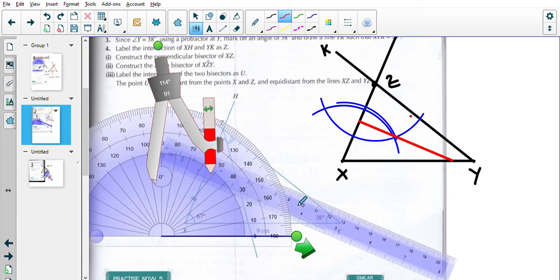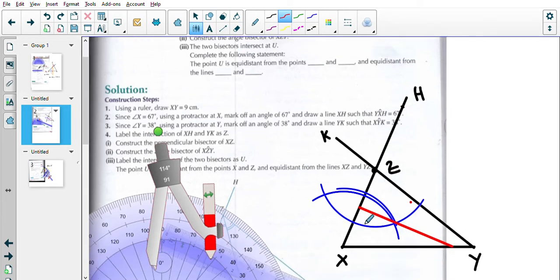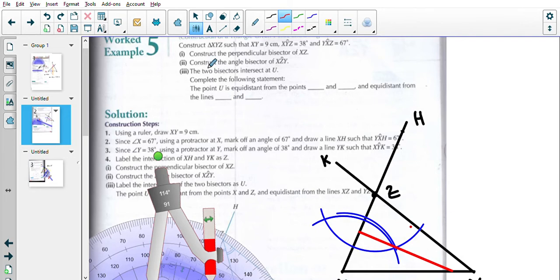Okay, now what is the next question? Construct the perpendicular bisector of XZ, of course we have done. And then part 2, construct the angle bisector of XZY.